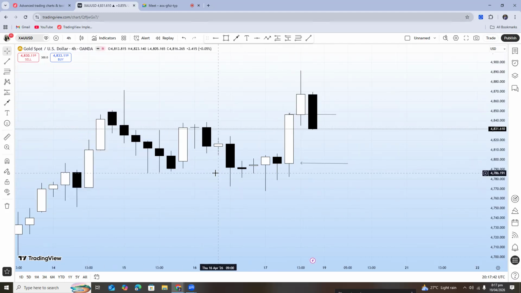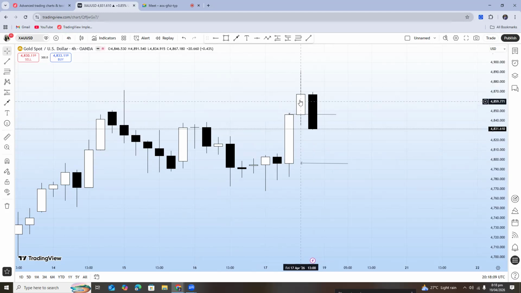So these are the parts of the candle, and you can use that to interpret what the market is doing. Now look up here. We have 4 hours. When I put my cursor on it, it also shows 4 hours. That is telling us that we are using the 4 hour time frame.